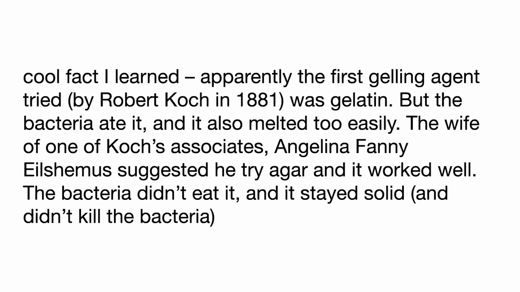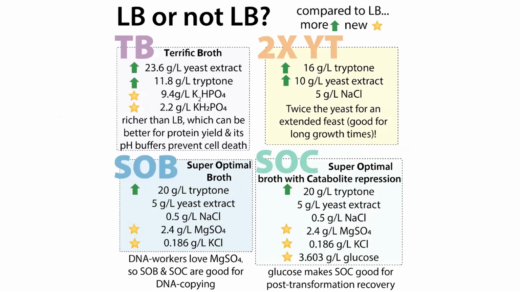But now let's talk about some of the other media that we might use. There are a few different options depending on what you're trying to do. If we're trying to express a protein, one of the media that we often try is Terrific Broth, abbreviated TB. It's richer than the LB, and by richer, basically it has more of the yeast extract and more of the tryptone.